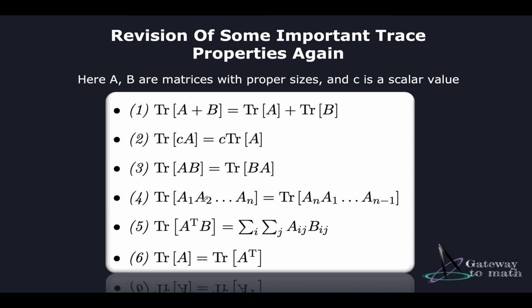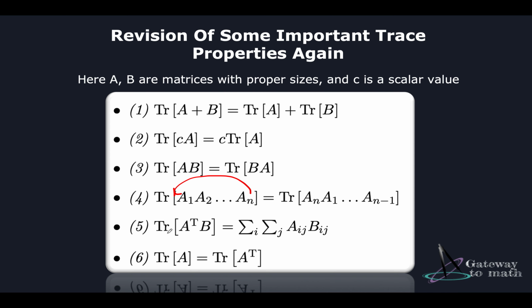Trace of A1 times A2 up to AN, this is always a property of trace, you can just bring in the last entry and then just keep multiplying the rest of the entries directly, which equals trace of AN A1 A2 and so on. So the last entry is brought at the first, and then the rest of the entries are just multiplied successively.